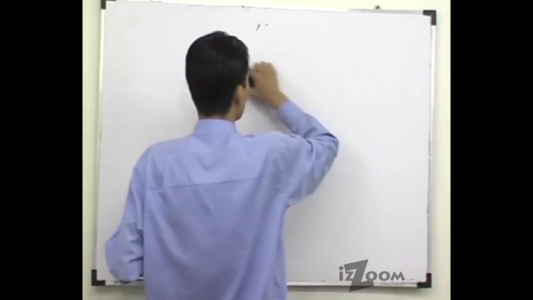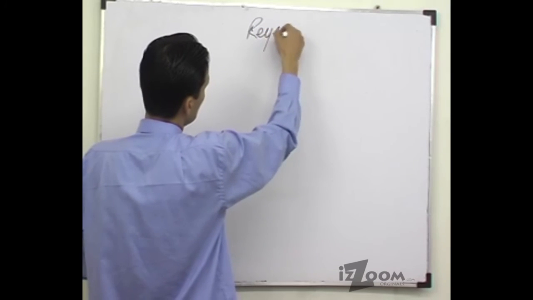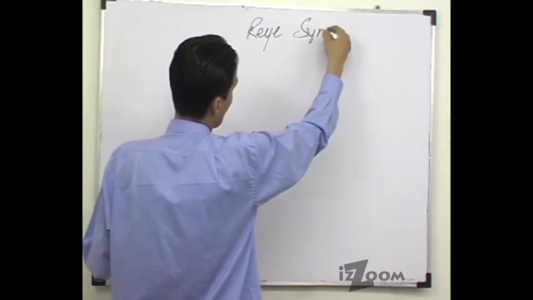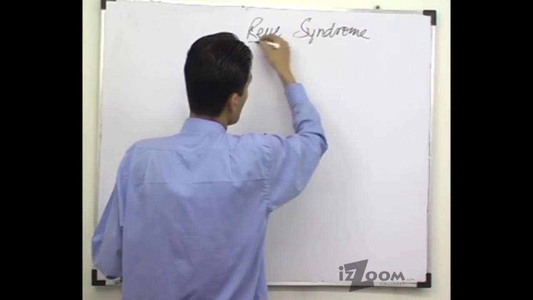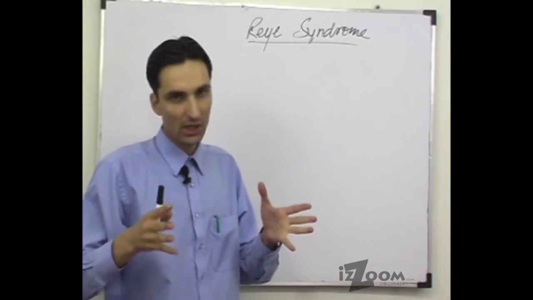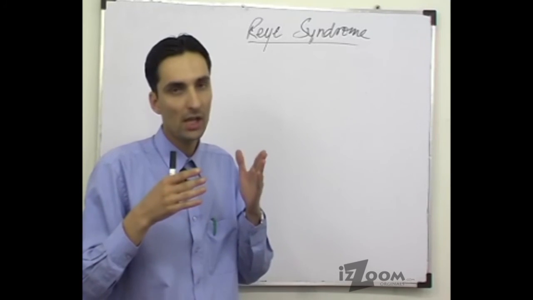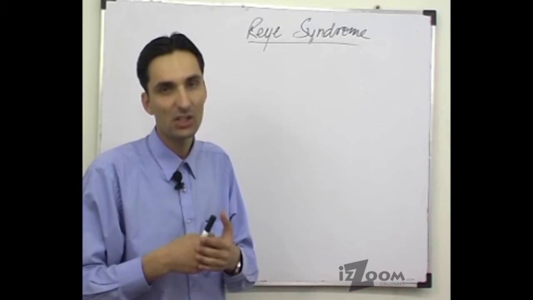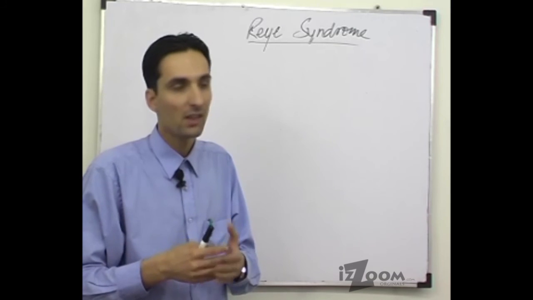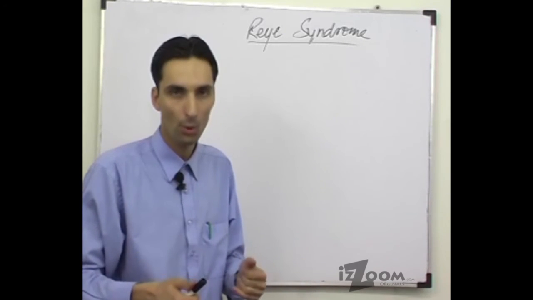Now I'll be talking about a syndrome. It's called the Reye syndrome. Reye syndrome is basically an encephalopathy that is associated with fatty degeneration of the liver. The exact cause of Reye syndrome is unknown.